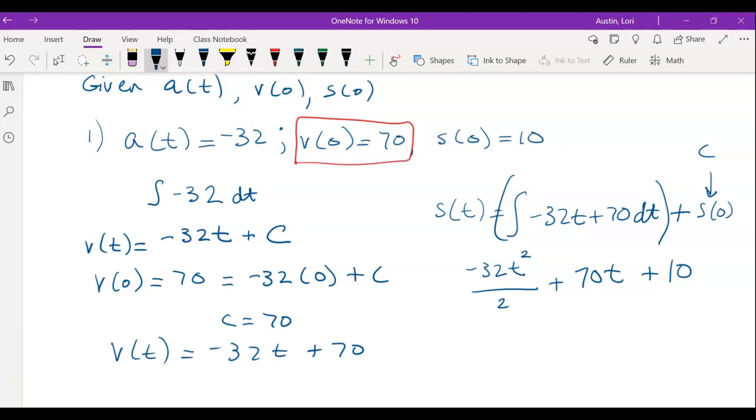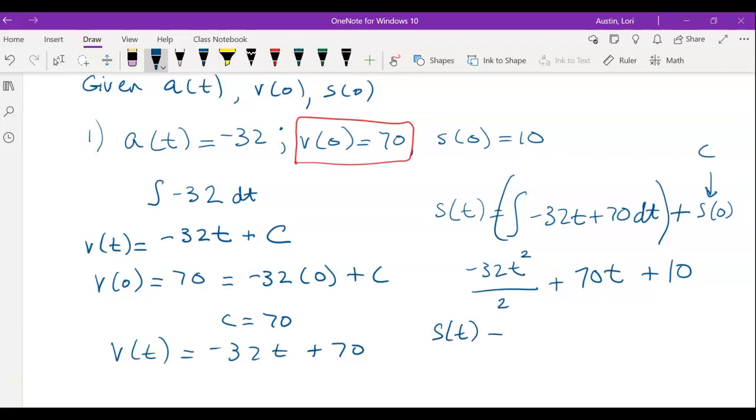All you're doing, if you understand the concept, is taking out the step where you have to do the calculation of C. Because you are given the initial value of S sub 0, you don't have to do that calculation. If you plug in all the zeros, what are you left with? 10. 10 is going to be your C. So that's it. Clean it up.